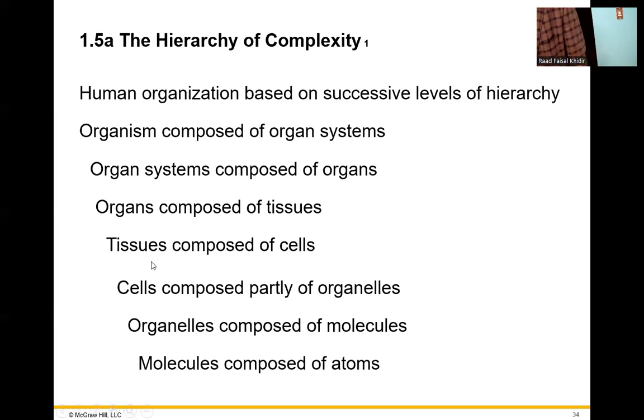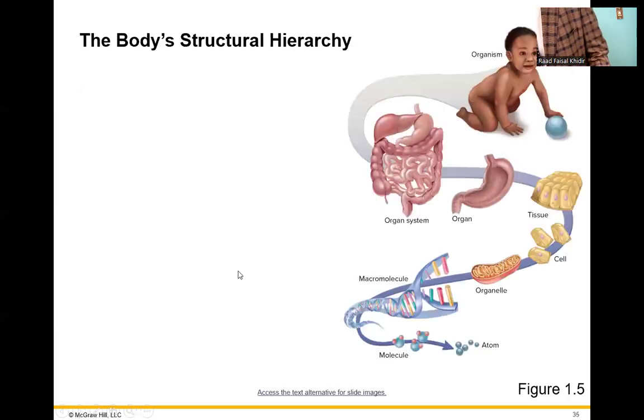Okay, so now we are down to the hierarchy and the complexity. So we said that at the bottom we have molecules. Remember in lab we talked about how molecules and organelles develop to give us cells and tissues, and then we have organs that are composed of tissues and organ systems that are composed of organs and so on.